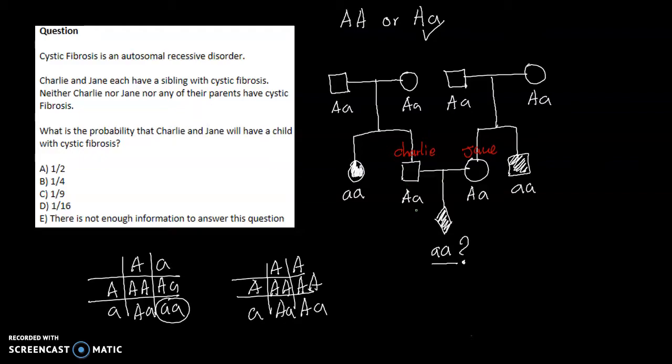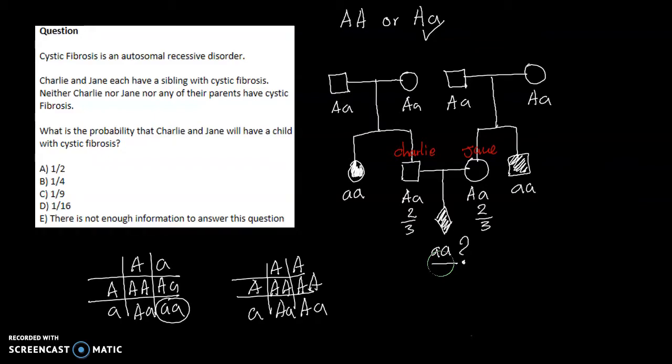So the probability of Charlie having this genotype is 2/3, and that is calculated using his parents' genotypes. Jane also has 2/3 probability of having big A, small a genotype as well, which is also calculated using her parents' genotypes.